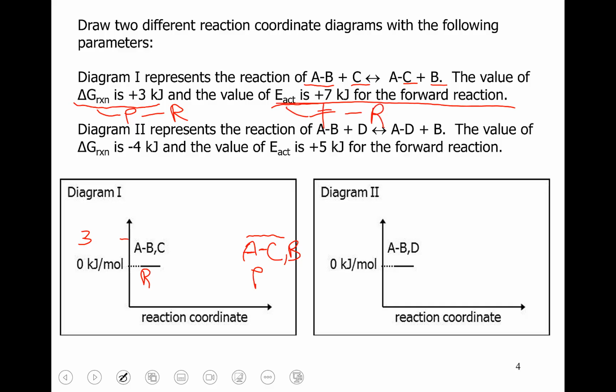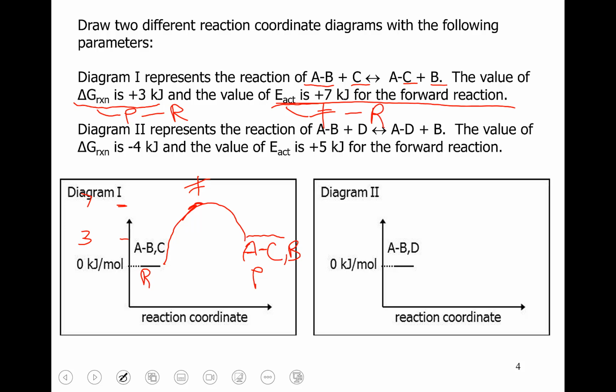This is going to be the difference in energy between the transition state and the reactant. So I will put on my energy diagram a mark for 7 kilojoules, and as the reactant goes to product, it has to pass through the transition state. So we will go up the hill on the way to the transition state, and then down the hill on the way to the product.